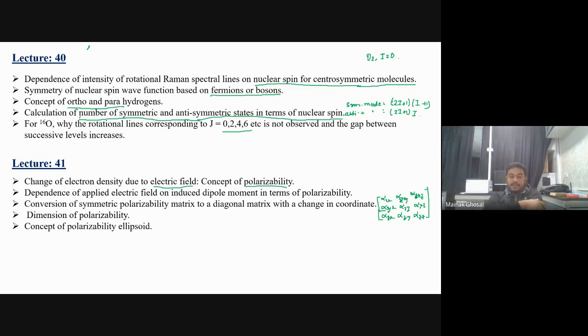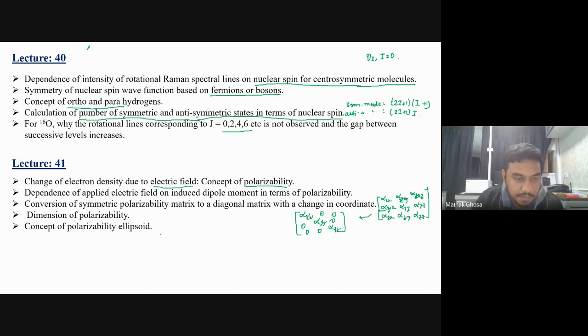So the polarizability was written in this form, and it was then converted to another form, that is diagonalized, such that the whole matrix becomes like this: alpha x prime, alpha y prime, alpha z prime. And you know what a diagonal matrix is, that the off-diagonal elements would always be 0. Okay. So this was discussed, how to convert this into another coordinate system, a 3 by 3 matrix. So a symmetric matrix is converted to a diagonal matrix.